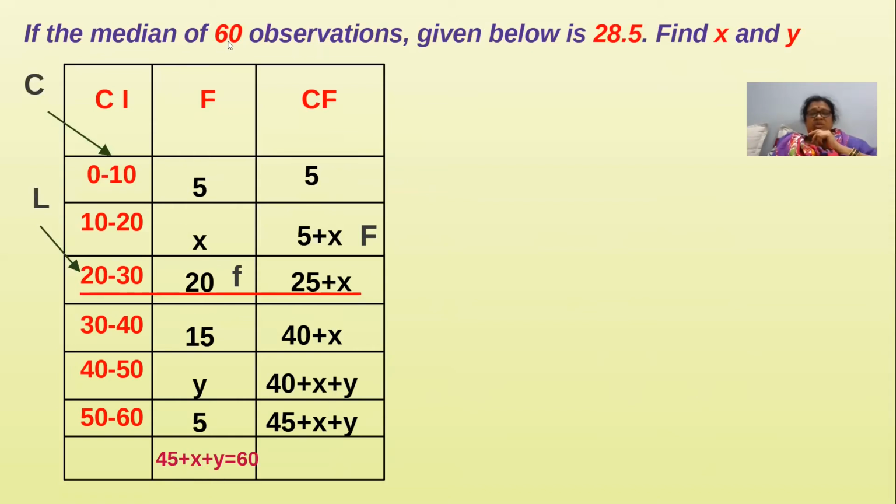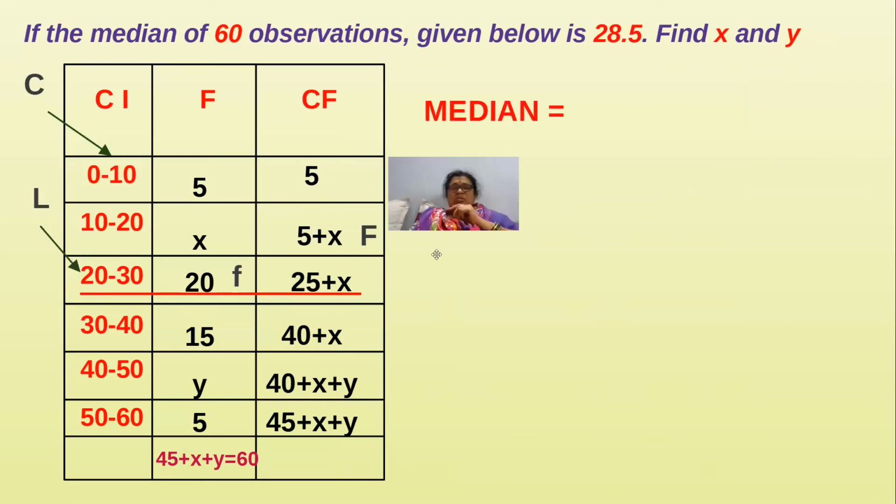Here the sum of the frequencies, the number of observations, is given. How much is it? It is 60. So I substituted here 60, and we'll write down the median formula now. The median formula is L plus n by 2 minus capital F by small f into C.